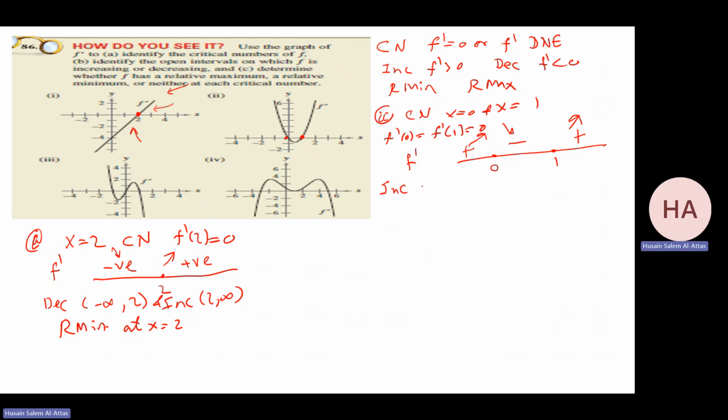So it's increasing from minus infinity to 0 and 1 to infinity, and decreasing from 0 to 1. And we have a relative maximum at x equal 0, relative minimum at x equal 1. Okay, third one.